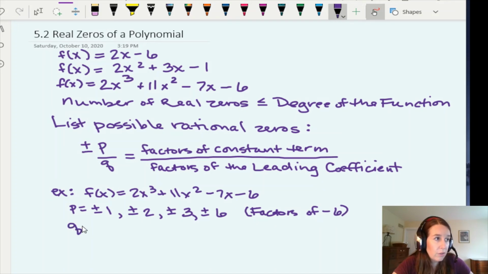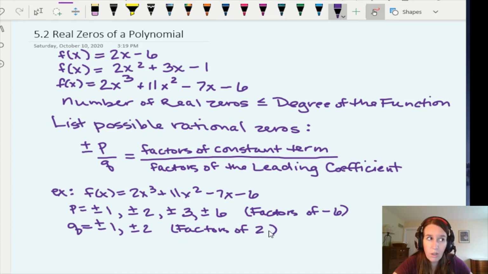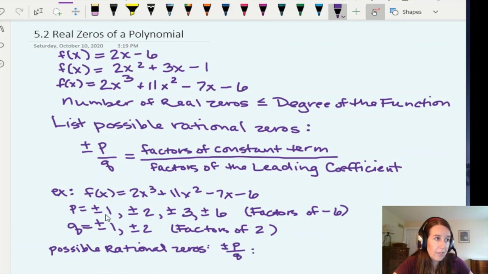And Q is the factors of the leading term, that 2, so plus or minus 1 and plus or minus 2. Those are the factors of the 2, which is the leading coefficient. So the possible rational zeros come from plus or minus P divided by Q. In our problem, that's all the P's divided by all the Q's.